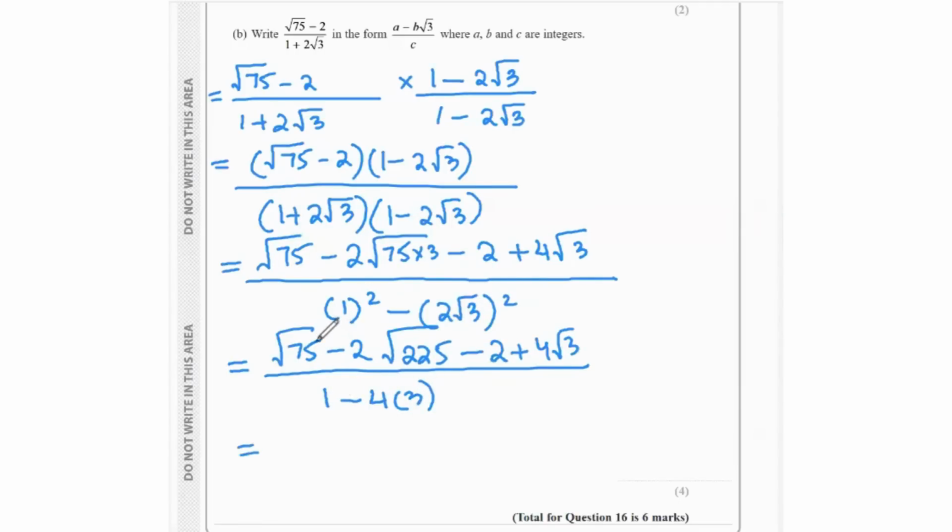Now 75 can be broken down into its prime factors. 75 divided by 5 is going to be 15. 15 divided by 5 is 3. So 75 is 5 squared times 3. If we do that, that gives us 5 root 3. The 5 squared comes outside as 5.